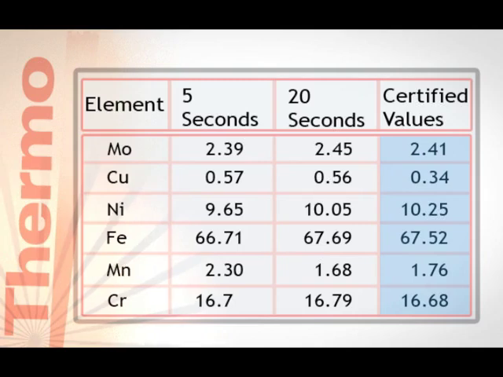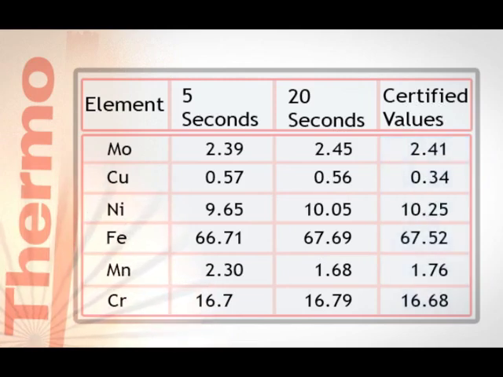Nickel, 10.25%. Iron, 67.52%. Manganese, 1.76%. And chromium, 16.68%. Clearly, the 20-second shot is more precise and therefore higher confidence in the displayed value and statistically better accuracy of analysis.